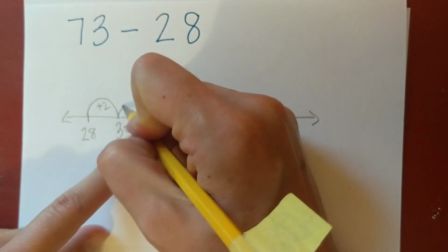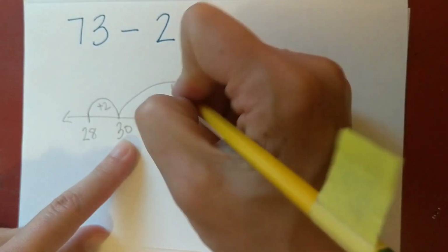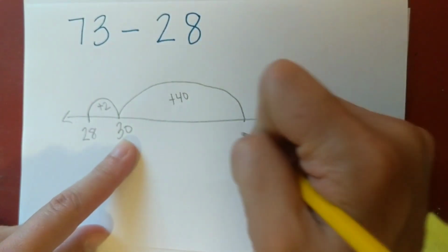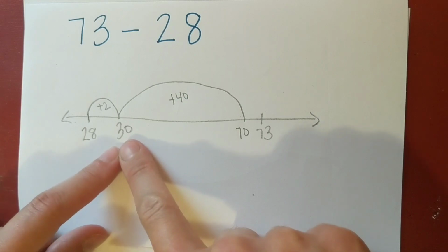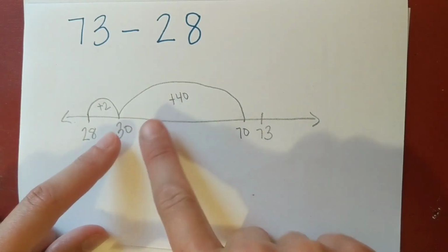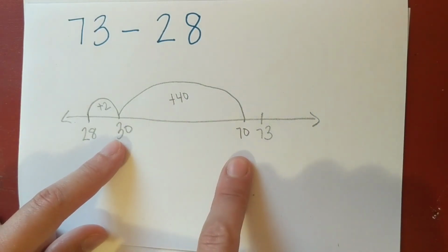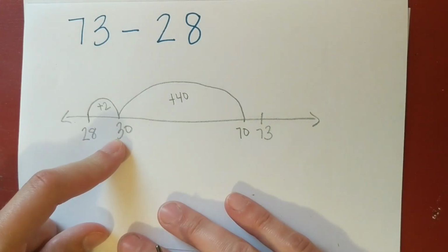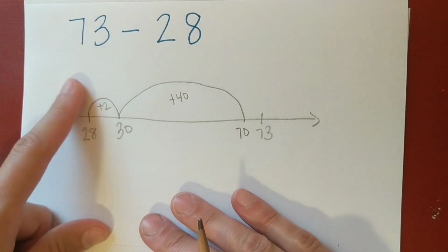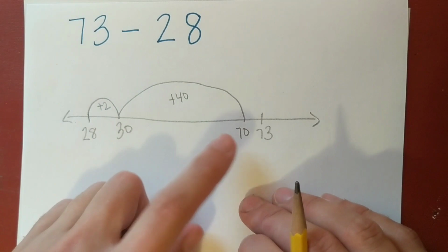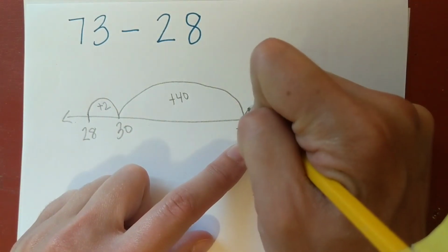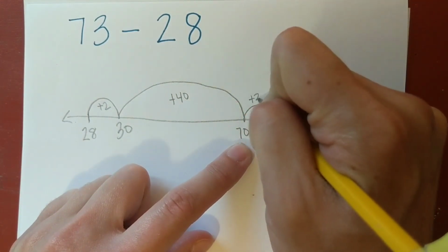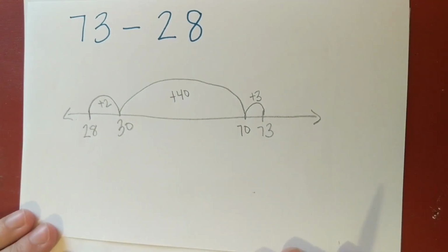Oh, if I add 40, then I would get to 70. Or if I think about 3 plus 4 is 7, then I know that 30 plus 40 is 70. Those math facts really help us out when we're working with these larger numbers. So I'm at 70. I know 70 plus 3 more is 73.